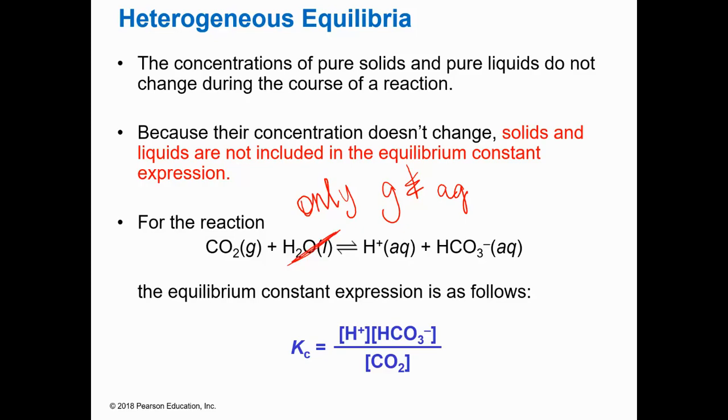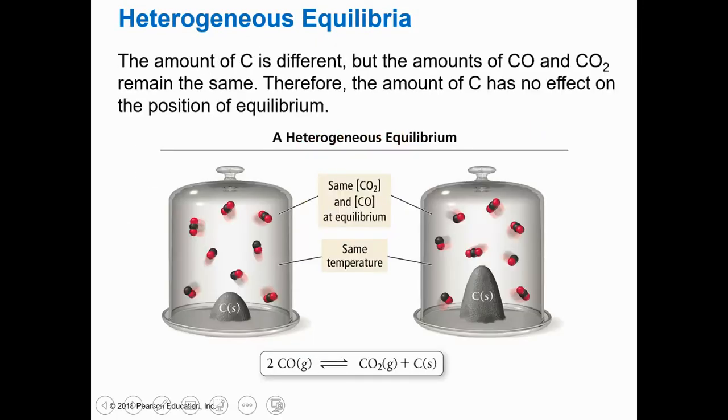Also, if there are ions present, you do have to reflect that in the expression. So here if we were to write the equilibrium expression, it would be K is just CO2 on top and CO squared on bottom.